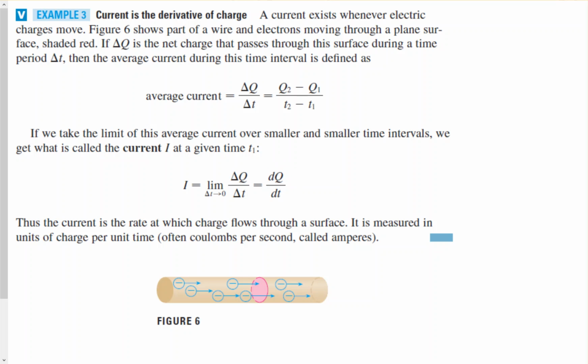The rate at which charge flows through a surface. It's measured in charge per unit time, often called amps, coulombs per second. That would be an application using the derivative with electricity.